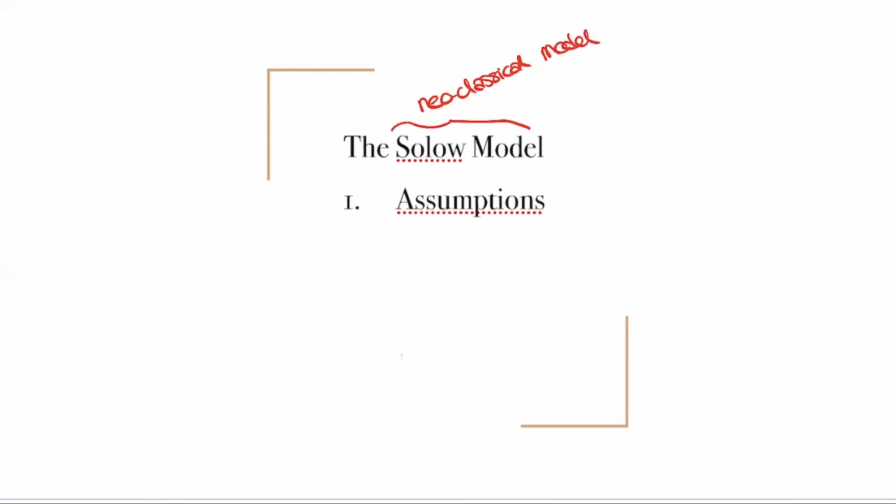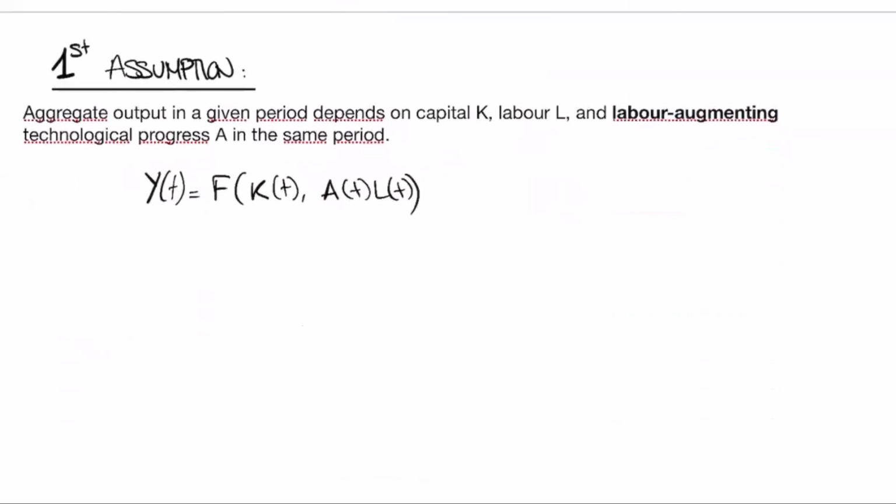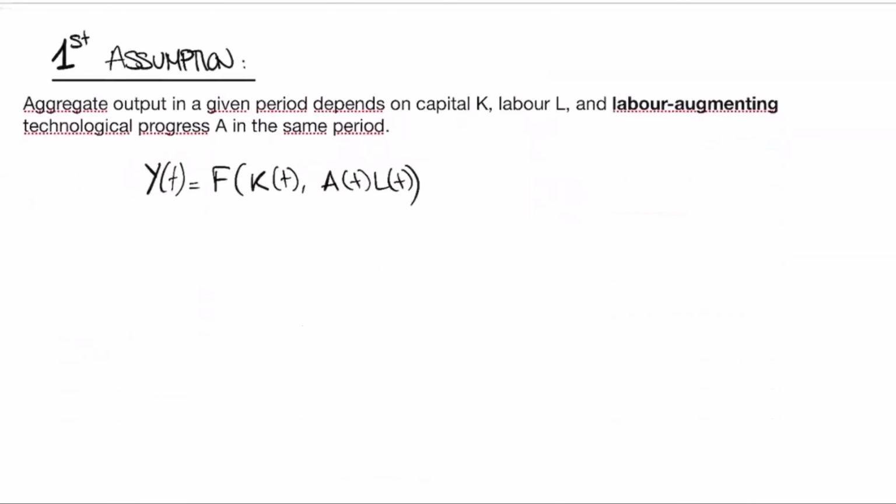Okay, so I suggest we jump right into the first assumption. And so the first assumption is that aggregate output in a given period of time depends on capital K, labor L, and labor augmenting technological progress A in the same period.